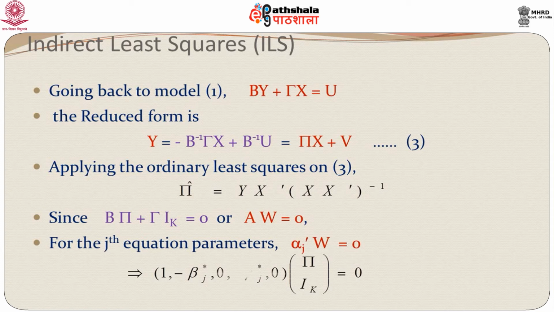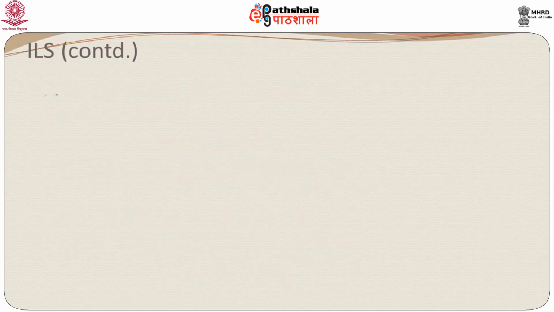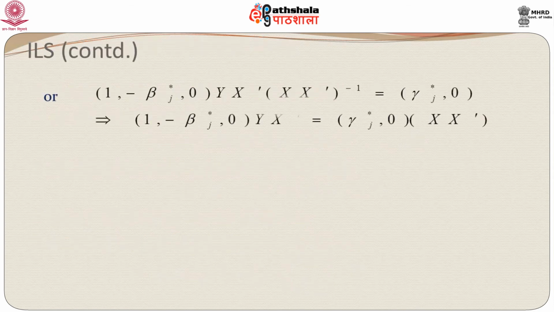So, the result must hold for alpha j prime as well, and hence we have alpha j prime W equal to 0. But remember that alpha j prime is 1, minus beta j star prime, 0, minus gamma j star prime, 0. This is a vector, and you have pi and I k equal to 0. So, we have this equation where we substitute alpha by the actual parameters now.